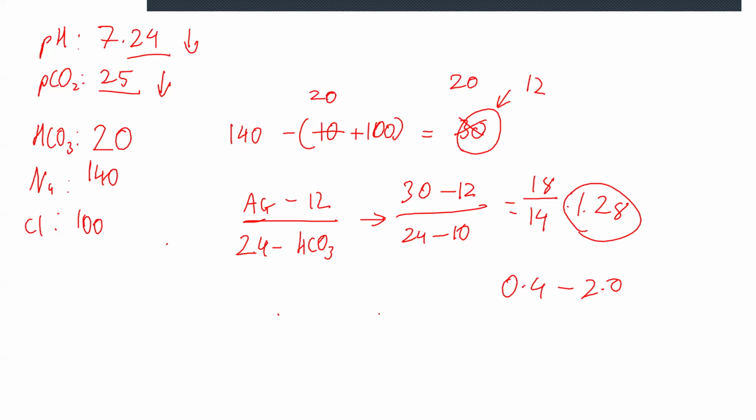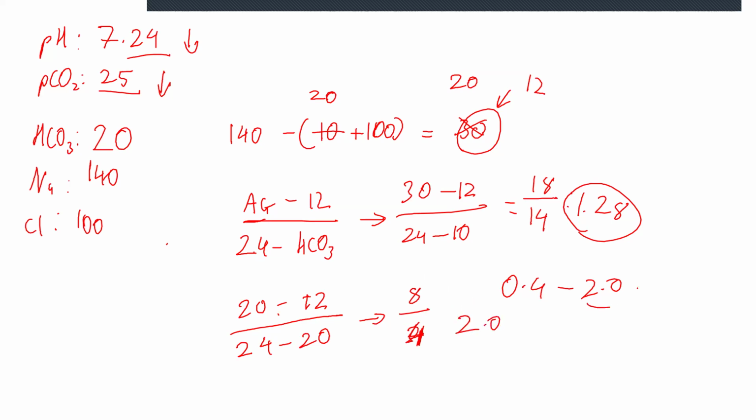Let's apply the delta delta equation again. So we have 20 minus 12 over 24 minus the bicarb, which is 20. This gives us a result of 8 over 4, which in terms of the delta delta gives us a result of 2.